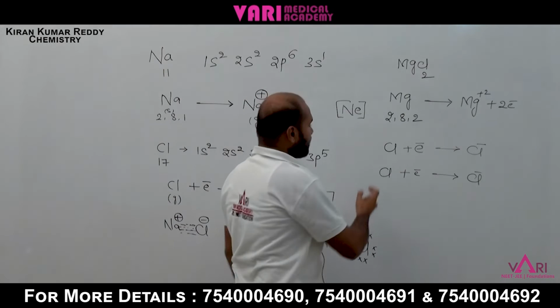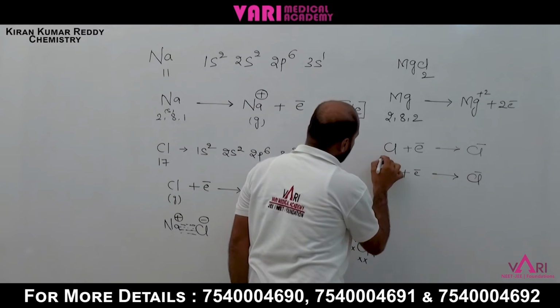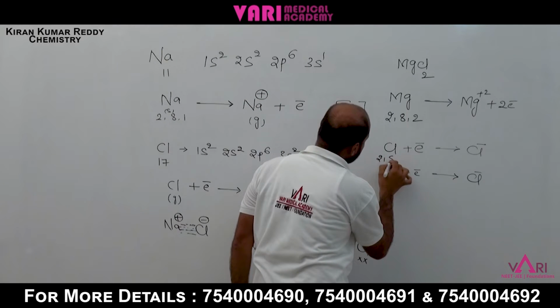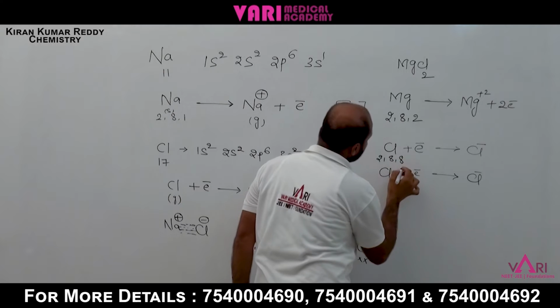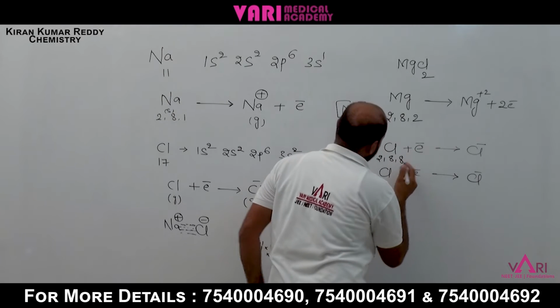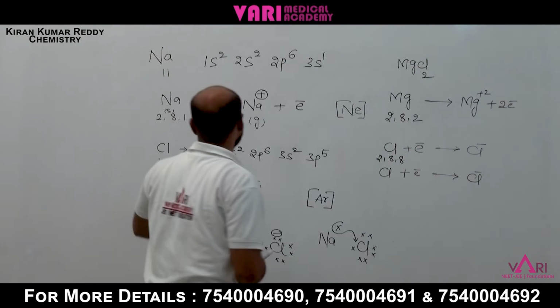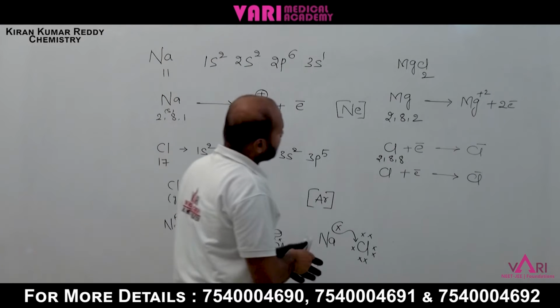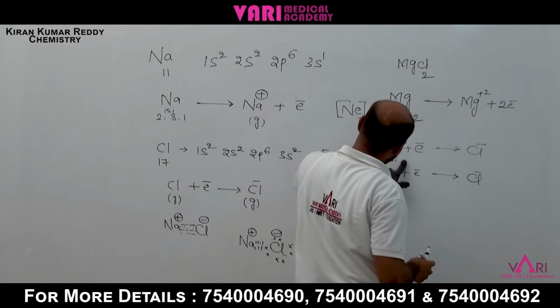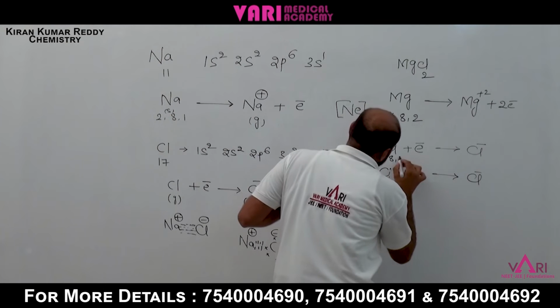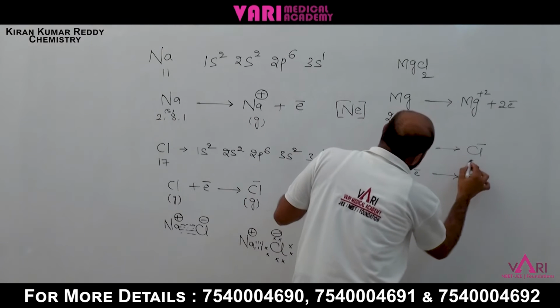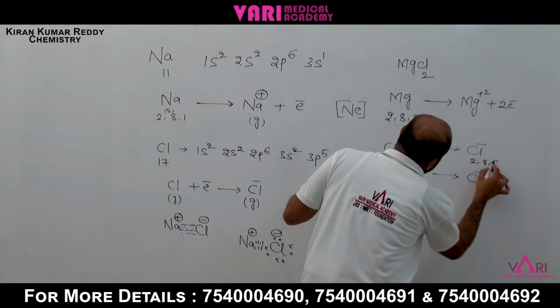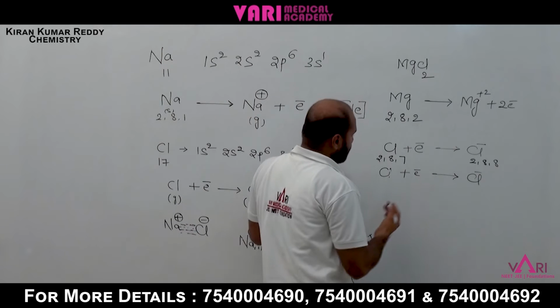Now here, chlorine is 2, 8, 7. One electron is accepted and 2, 8, 8 is formed, the nearest noble gas configuration.